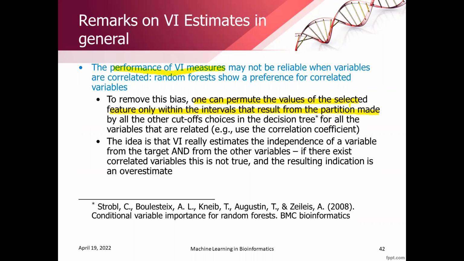This will result in bigger importance for the attribute. So we should permute the values only within intervals for such cutoffs. We can query the same attribute several times for different threshold values, and in this way we build intervals. If we permute the values only within such intervals, then the resulting variable importance measure is better.